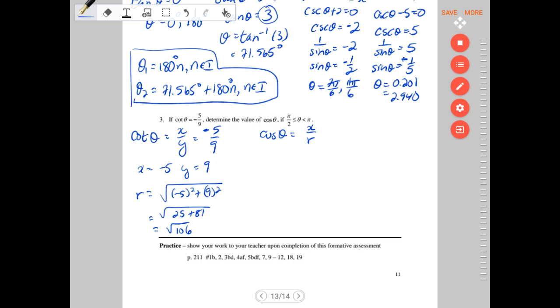So I'm going to substitute that in. x was negative 5, r was square root 106, and I should probably rationalize that because I have a radical in the denominator. So that's negative 5 root 106 all over 106.